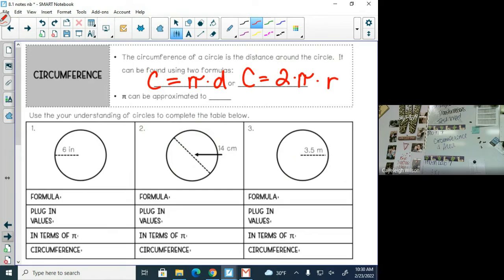So 2 times pi times r. Once again, if they give you radius, you're going to use that second one, 2 times pi times r. If they gave you diameter, you're going to use the first one, pi times diameter. And we are going to use pi as 3.14.